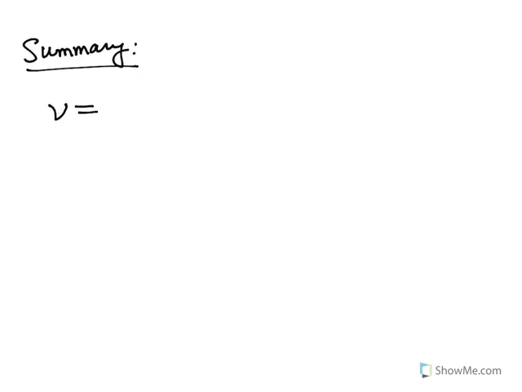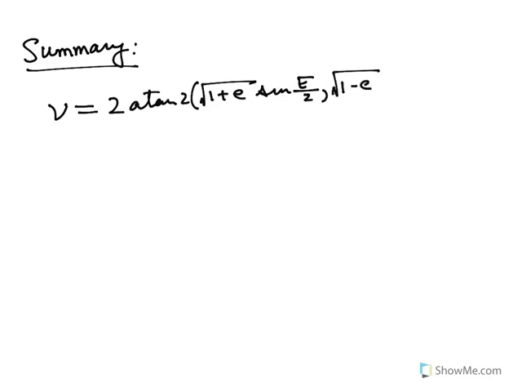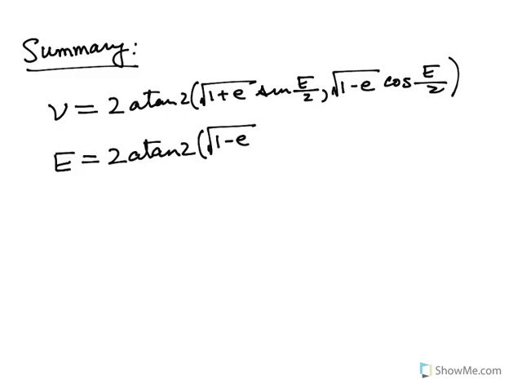Nu is equal to 2 times the inverse tangent of the square root of 1 plus e times the sine of E over 2, and then the square root of 1 minus e times the cosine of E over 2, and E is equal to 2 times the four-quadrant inverse tangent of the square root of 1 minus e times the sine of nu over 2, and then the square root of 1 plus e times the cosine of nu over 2.